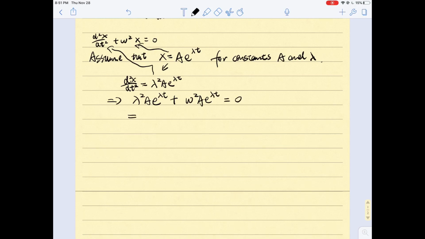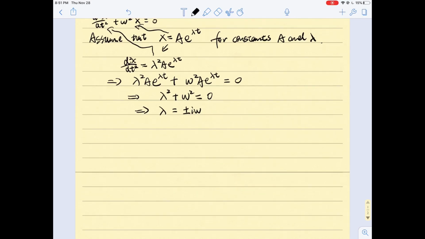And then we can get the characteristic equation: lambda squared plus omega squared equals 0. The solution is clearly lambda equals positive i omega and negative i omega.